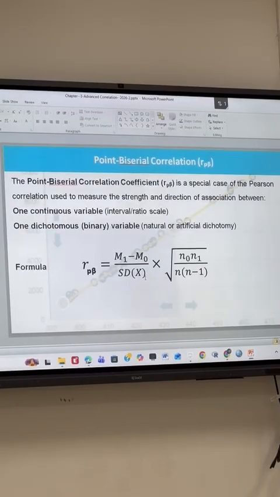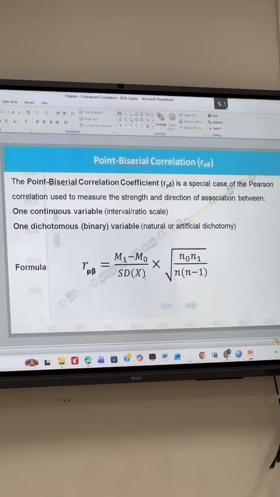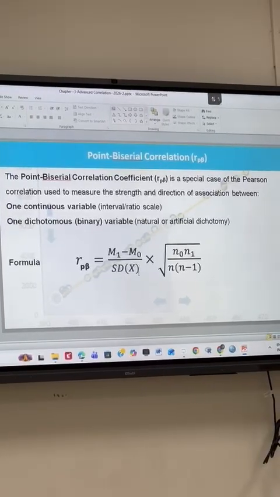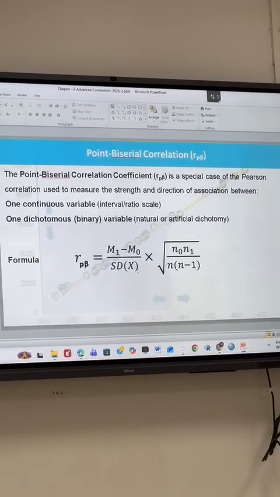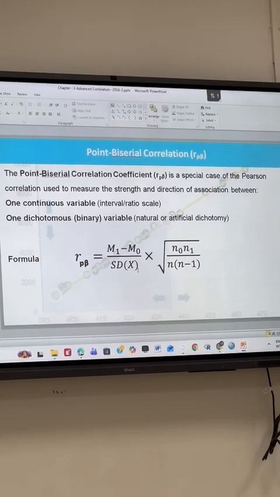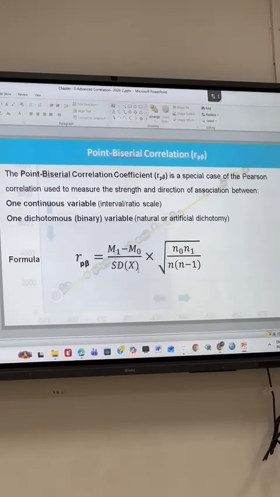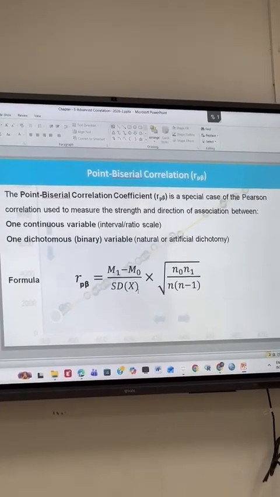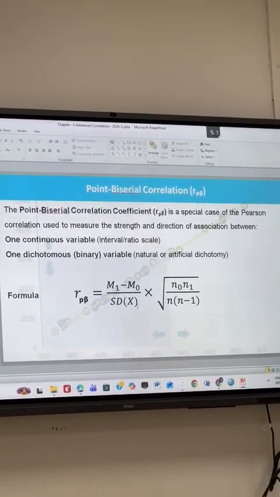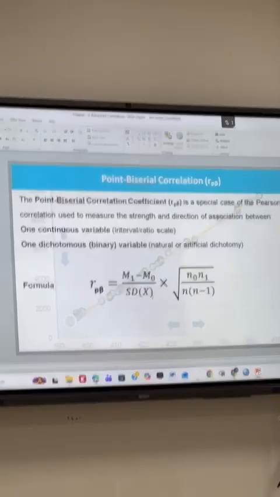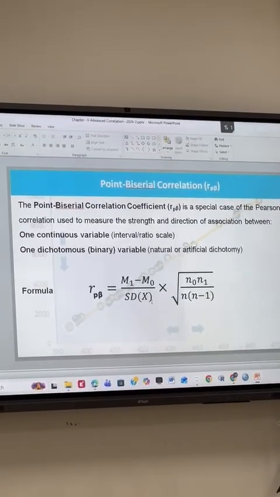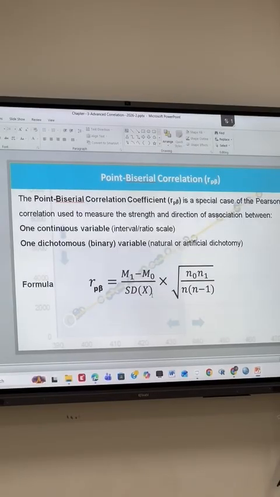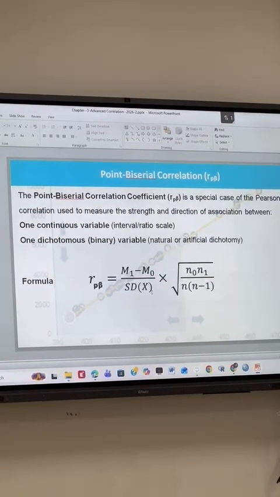Now here, the point biserial correlation coefficient. It measures the strength and direction of association between one continuous variable and one binary variable.